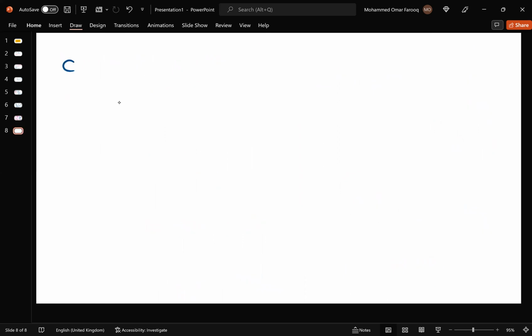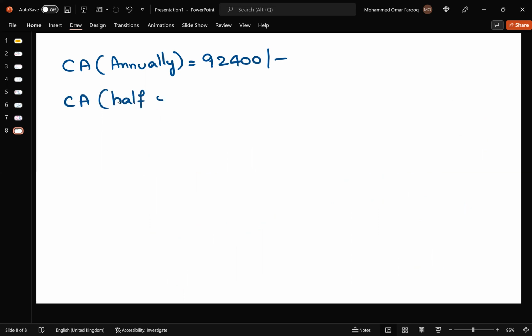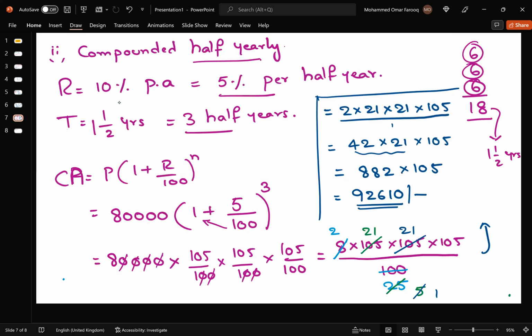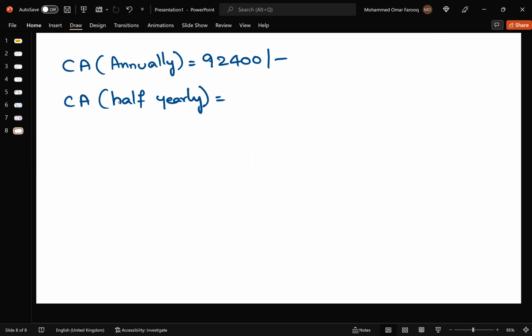If it is compounded annually, the amount paid is 92,400. Is it right? And when it is compounded half yearly, he paid 92,610. And now what is the difference?